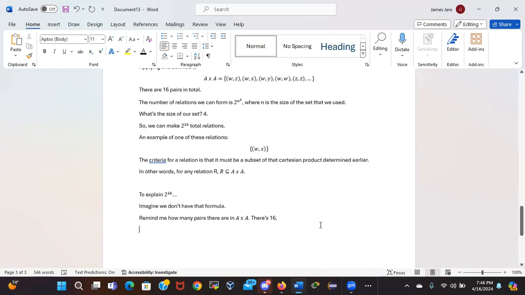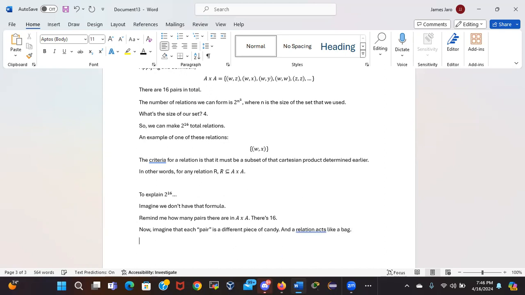Make sense? So now I'm going to want you to imagine that each pair is a different piece of candy. Okay. And a relation acts like a bag.